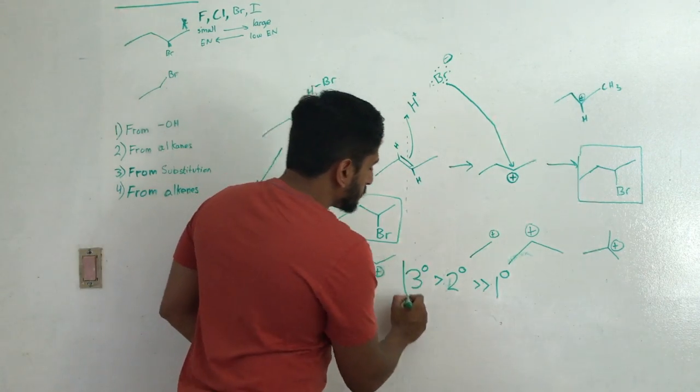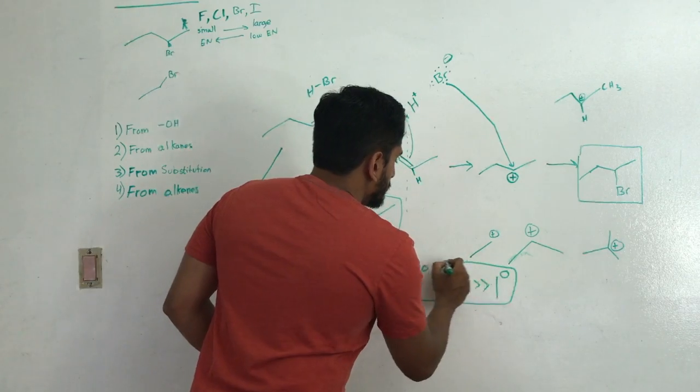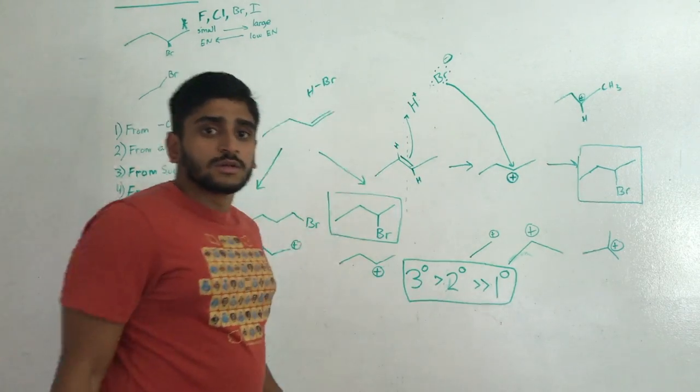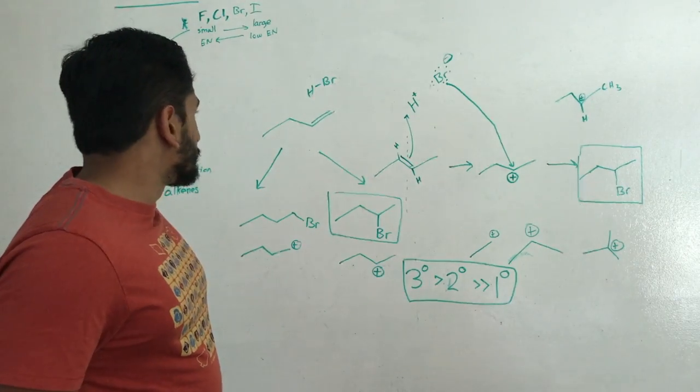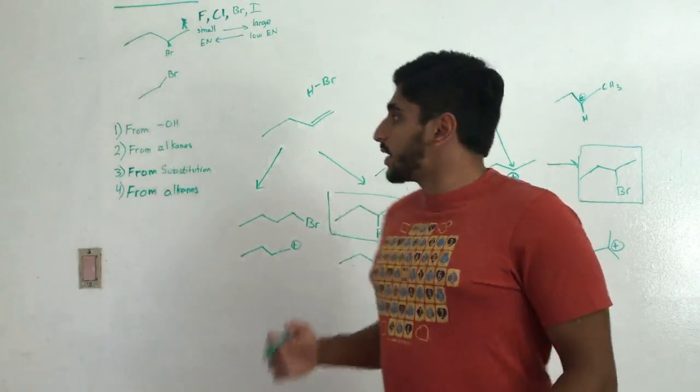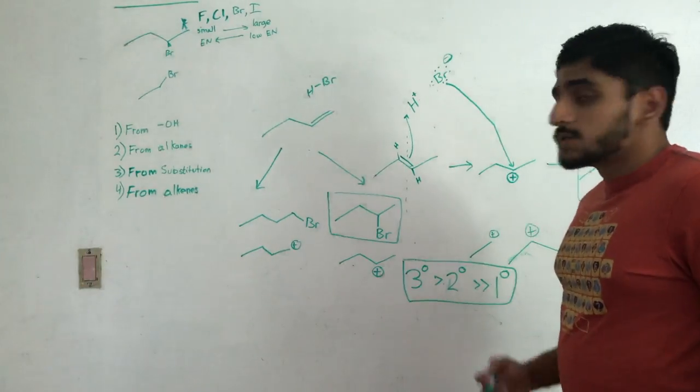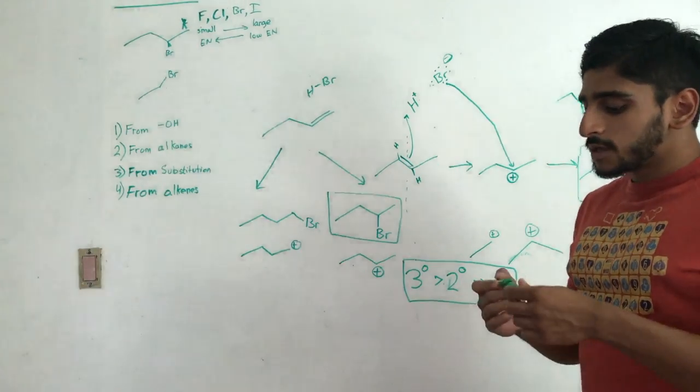And that's all you need to know about the formation of carbocations and the Markovnikov rule in the context of forming haloalkanes. So now I've gone through the formation of haloalkanes.